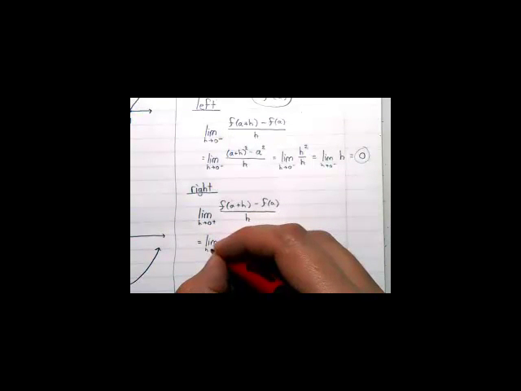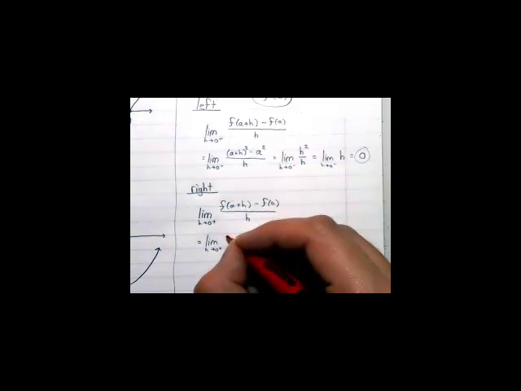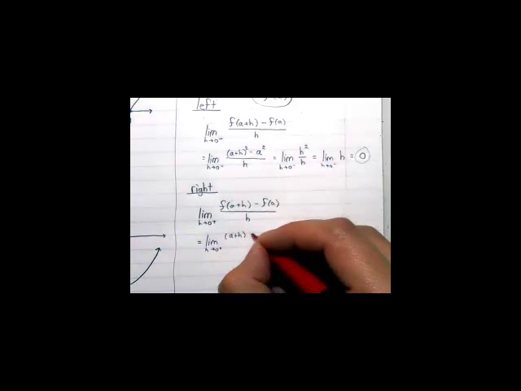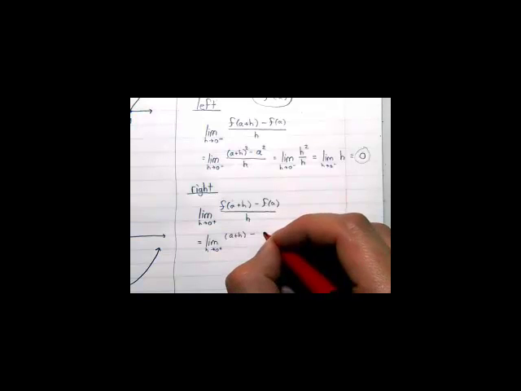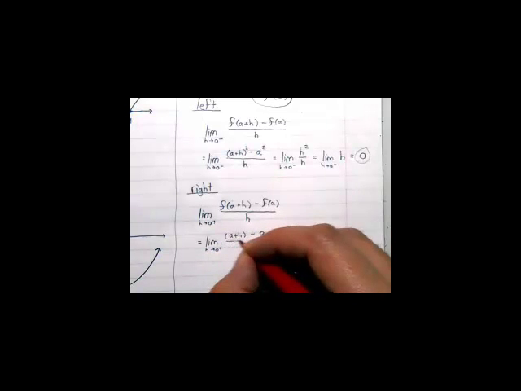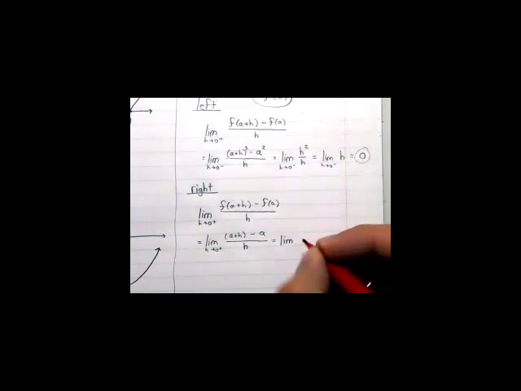So it's the limit as h approaches 0 from the plus side of a plus h, minus f of a, which would be just a, divided by h. 0 again, so we end up with the limit as h approaches 0 from the right.